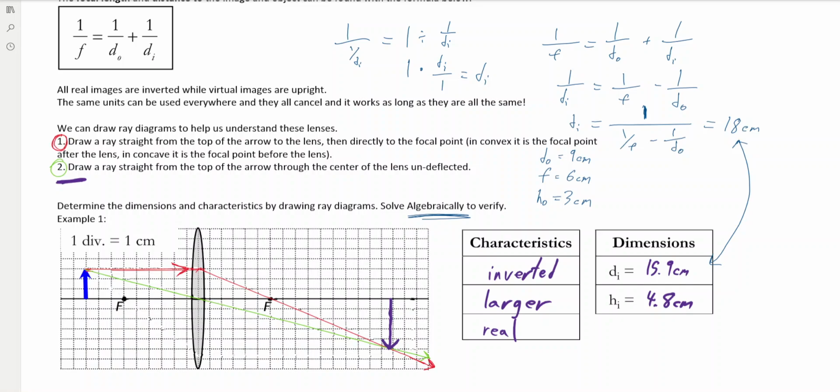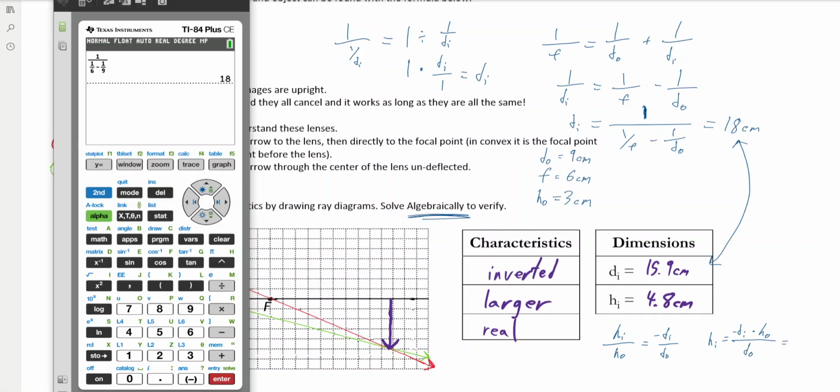So what we're going to do now is use the magnification formula. So HI over HO equals negative DI over DO, technically. So then you can solve for HI, which is HI equals negative DI times HO over DO.